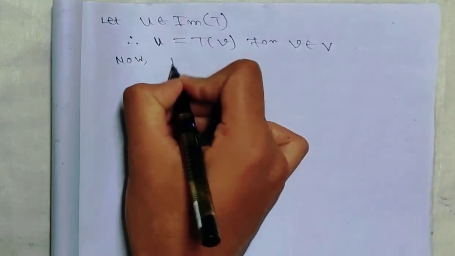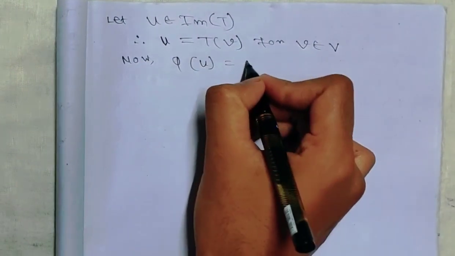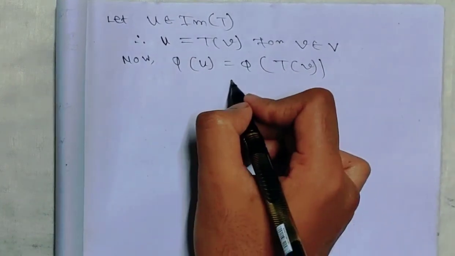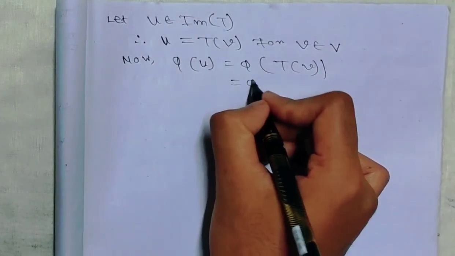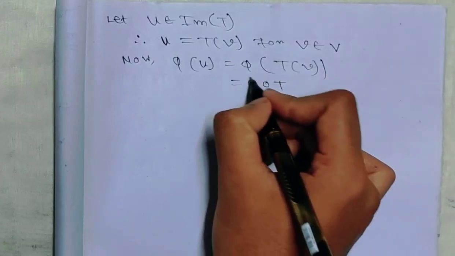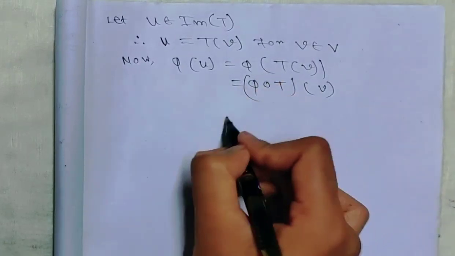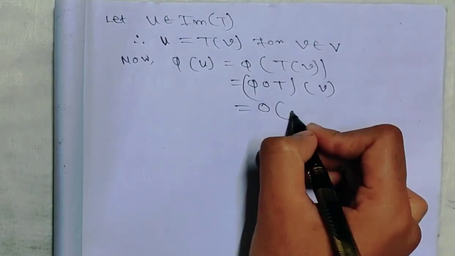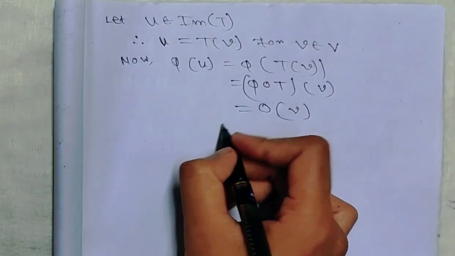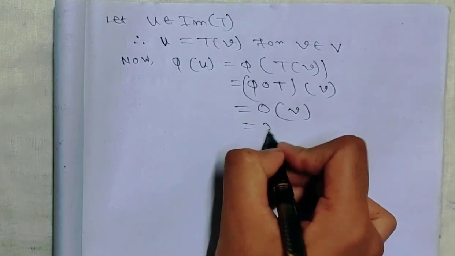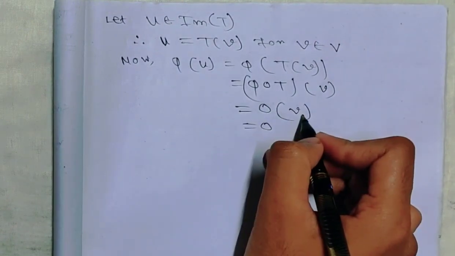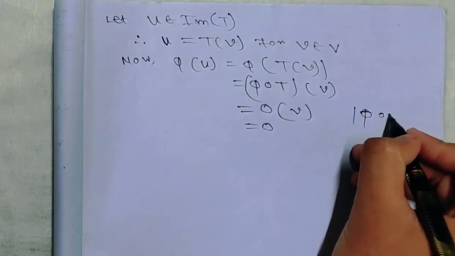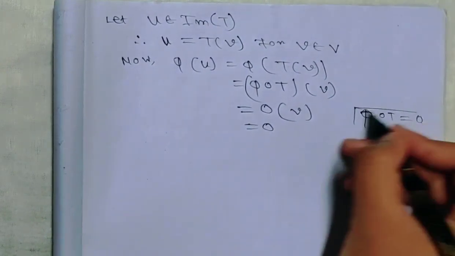Now phi of u equals phi of T of v, that equals phi naught T of v, that equals 0 of v, that equals 0, because we know that phi naught T equals 0.